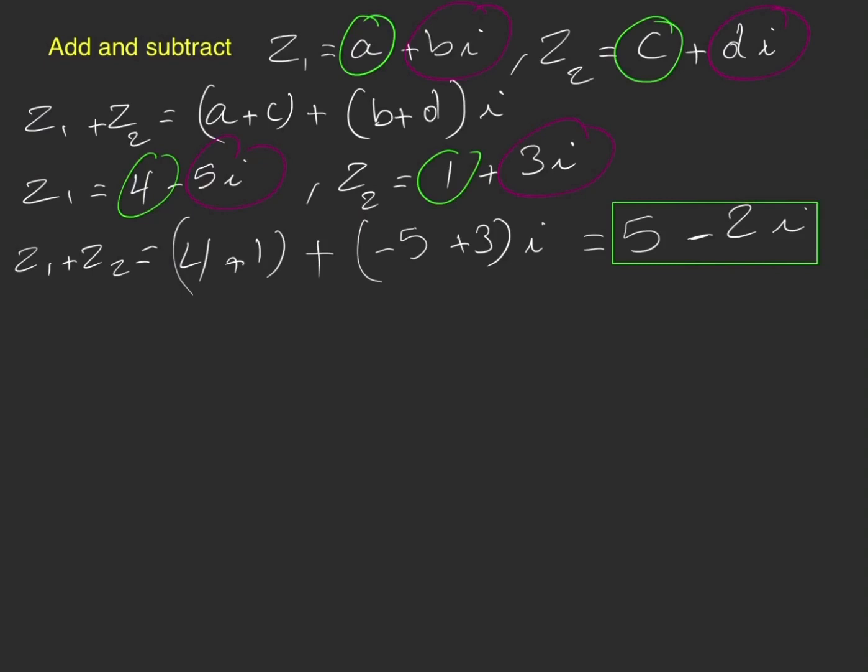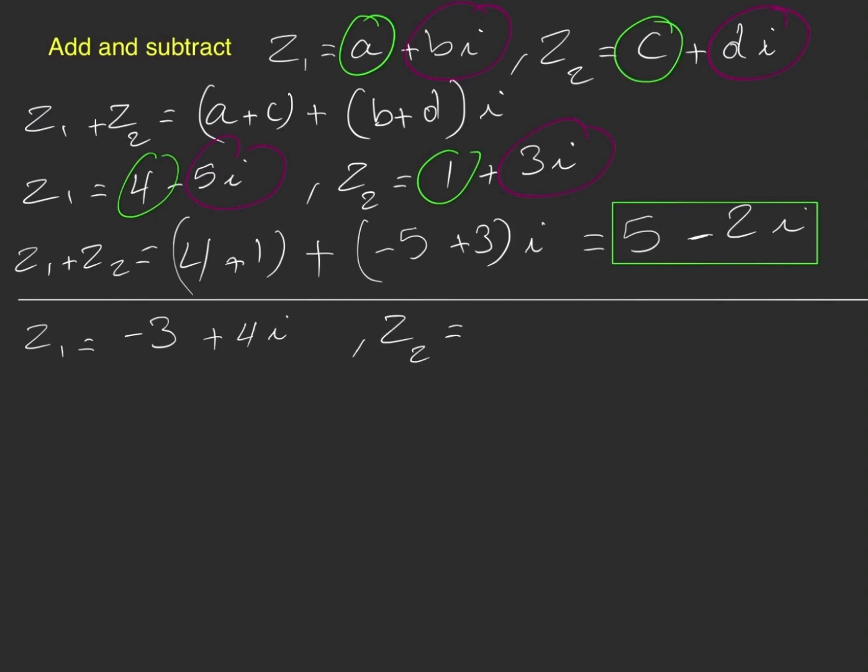So let's do another one. It's very simple. It's straightforward. You don't have to do anything, you just put the real parts together and the imaginary parts together. So let's try another example. We have z1 equal to some number minus 4i, and z2 is equal to minus 7 plus 29i.